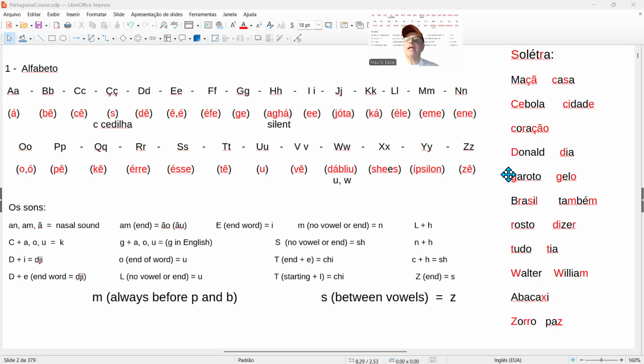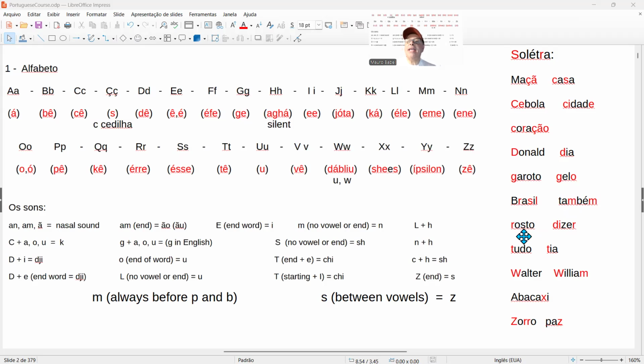O. D. O, N, A, L. D. D, I. A. G, A. R, O. T, O. G, E, L, O.